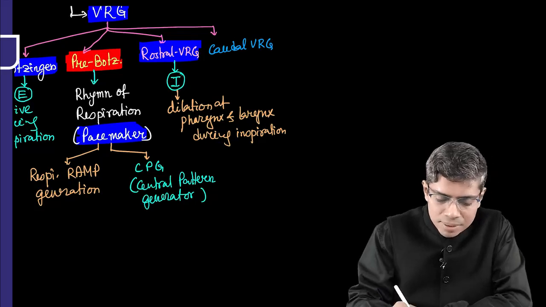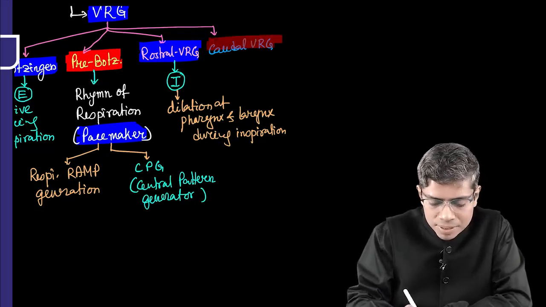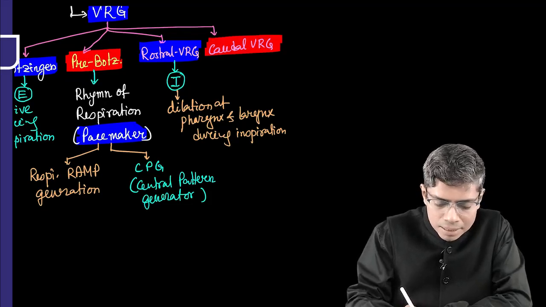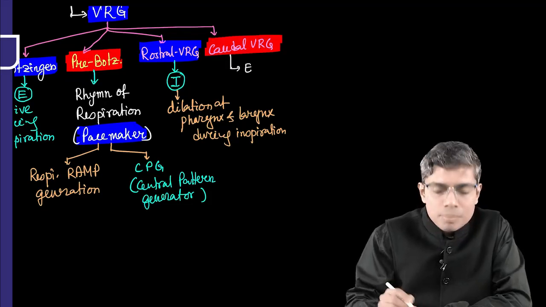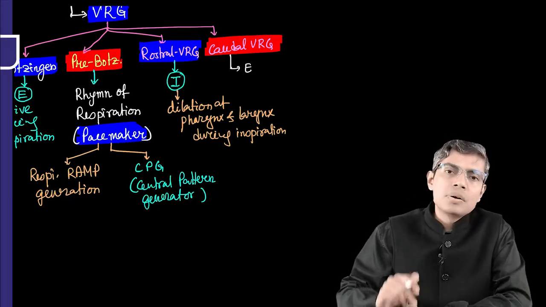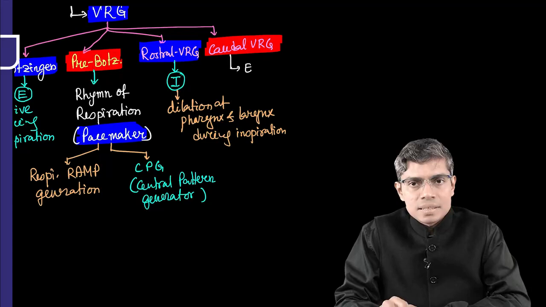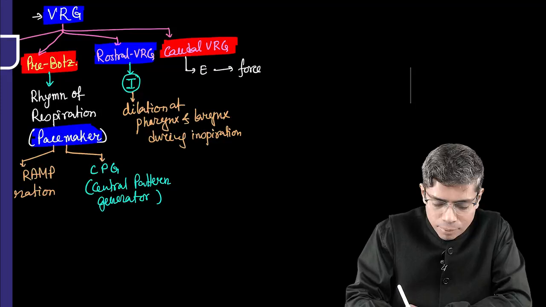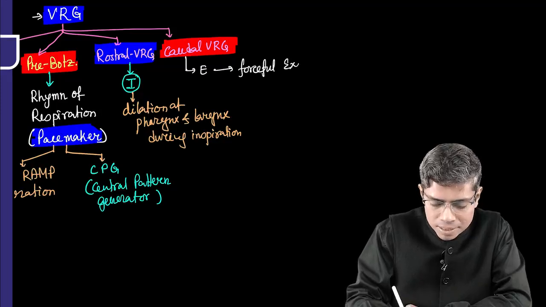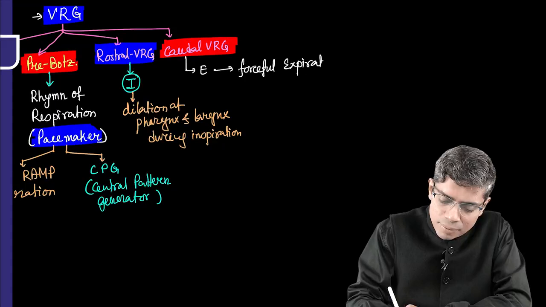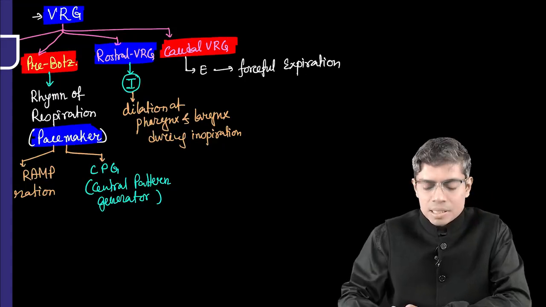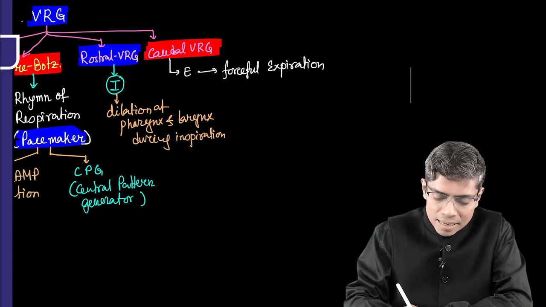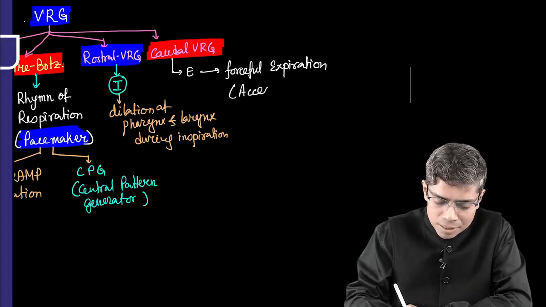And this Caudal Weiergy mainly contains the expiratory group of neurons, and these neurons dominantly discharge during forceful expiration. Whenever you are doing forceful expiration, you take help of the accessory muscles of respiration, right?